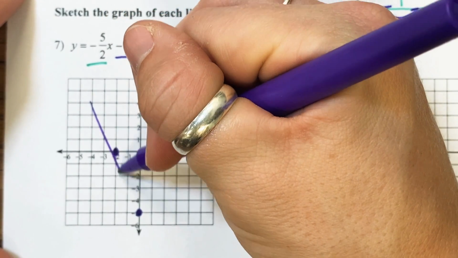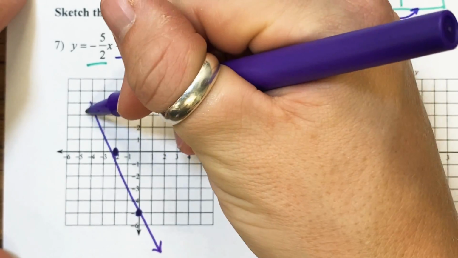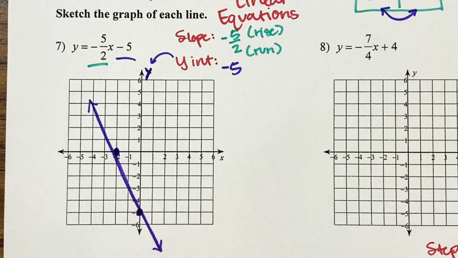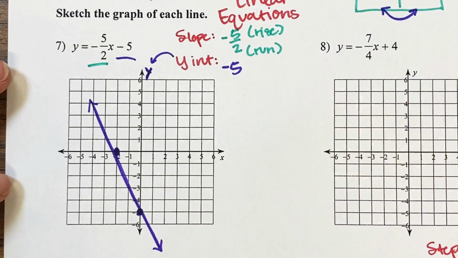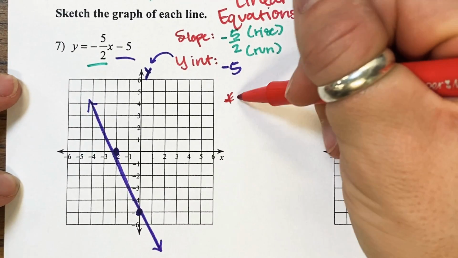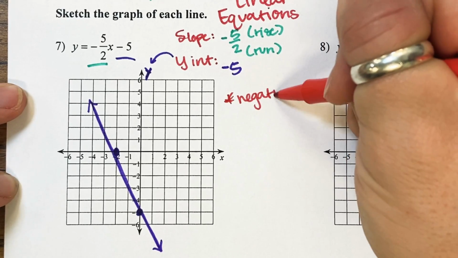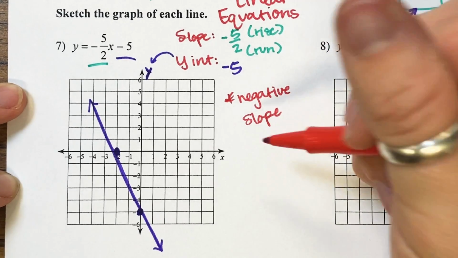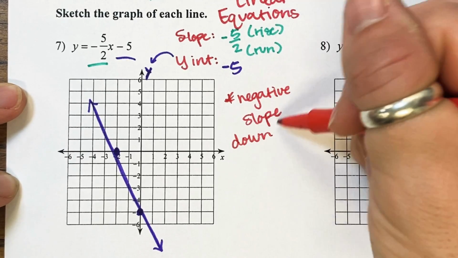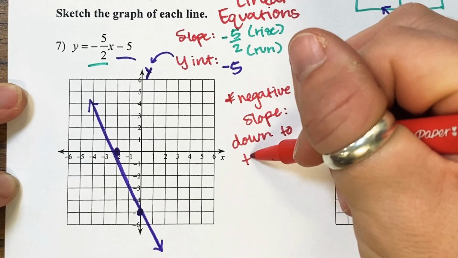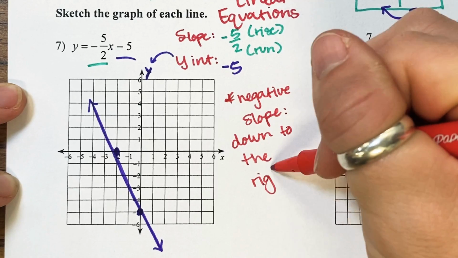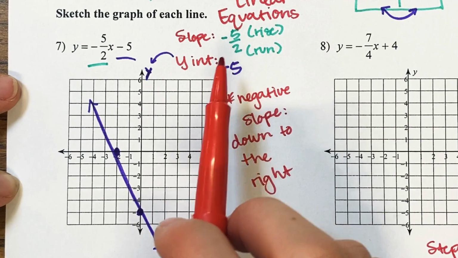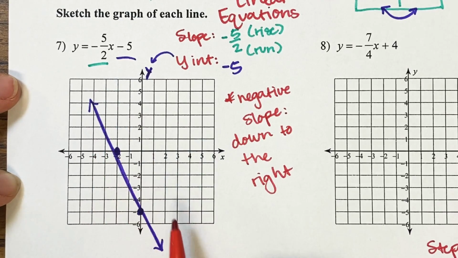I know that my equation is graphed correctly because this was a negative slope that went down to the right. Whenever you see that your slope is negative, like -5/2, your line should be going down and to the right.